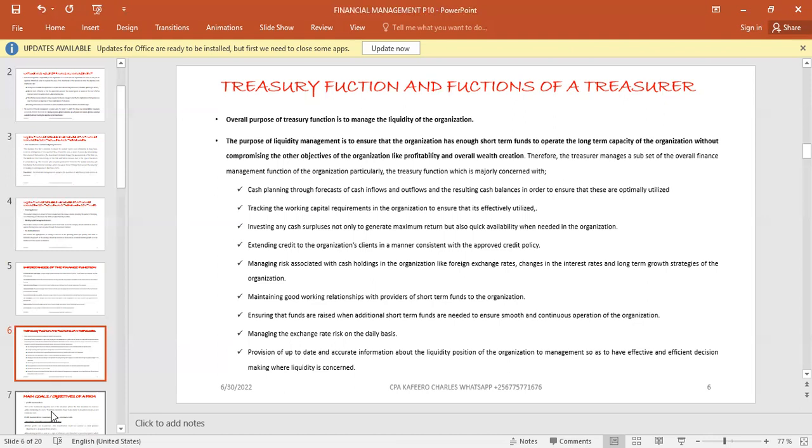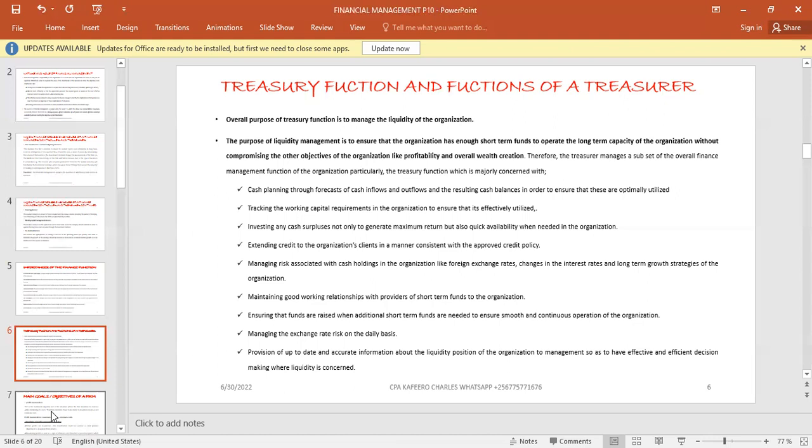This treasury function is managing the subsystems in the organization, we are talking about the other departments. There may be a need within the marketing department. They may need a certain amount of money that can enable them to run the operations. So it will be the treasury department that will look at what is needed within the whole organization.